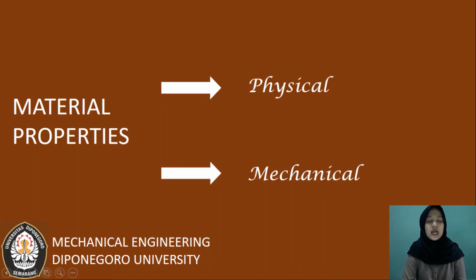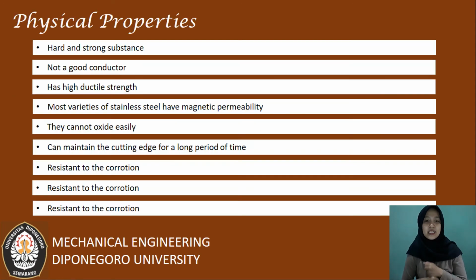Also, there are both mechanical and physical properties of the stainless steel used for making the frying pan. First, the physical properties: it is a hard and strong substance, it is not a good conductor of heat and electricity, and it has high industrial strength.